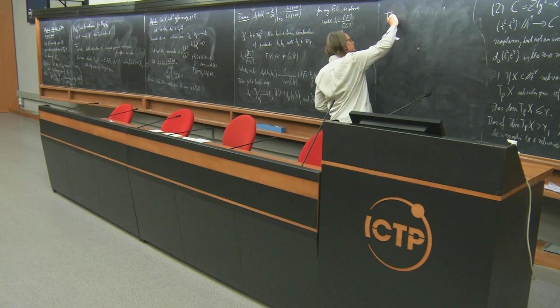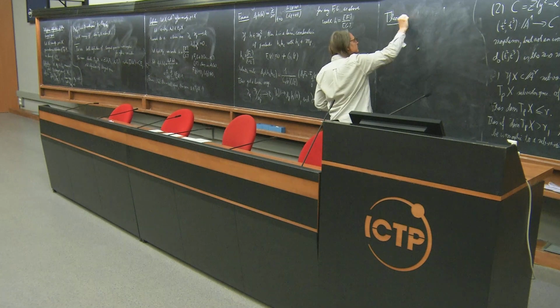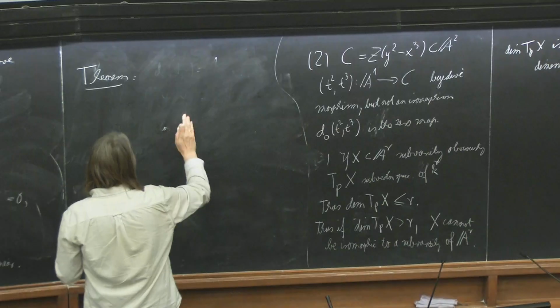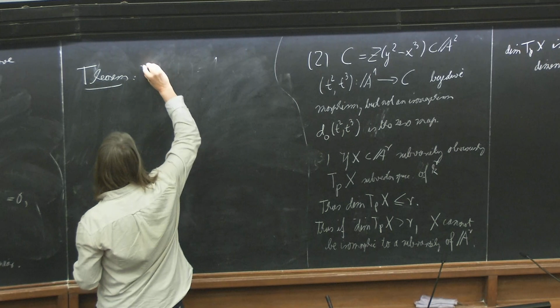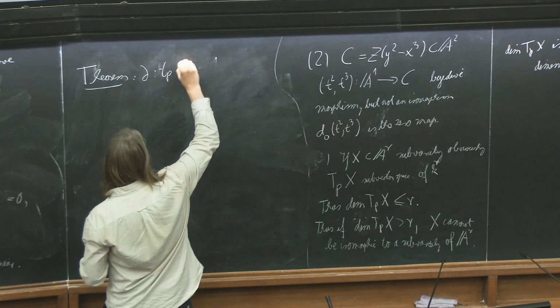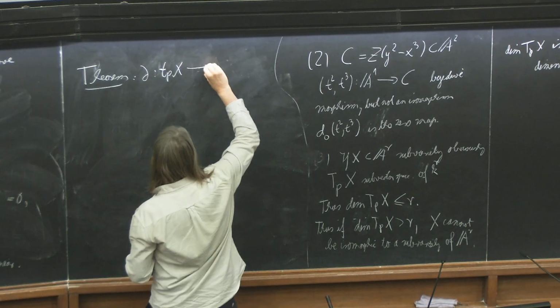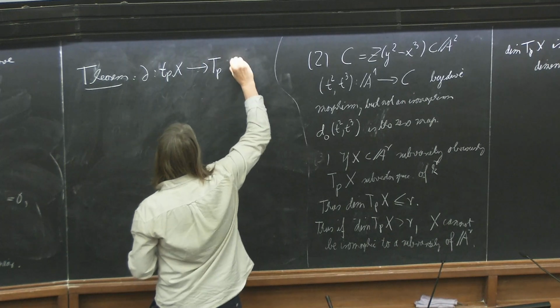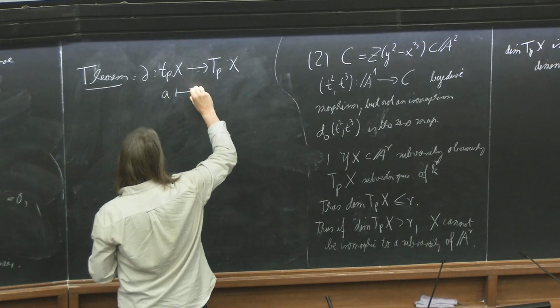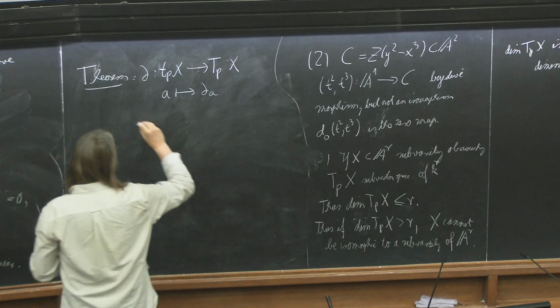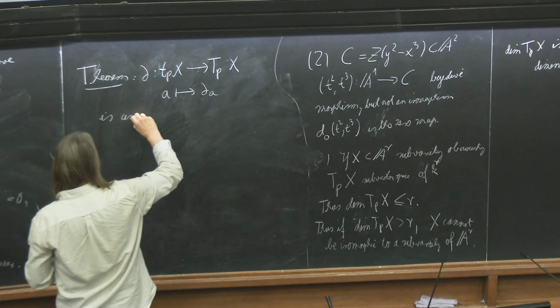Theorem. This map delta from small TPX to large TPX, which sends A to dA, is an isomorphism of vector spaces.